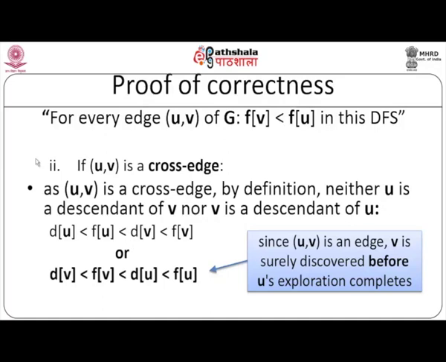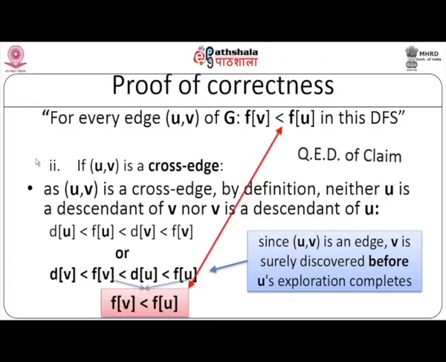Since uv is an edge, v will surely be discovered before the exploration of u completes. So, this is the claim that f of v is less than f of u.